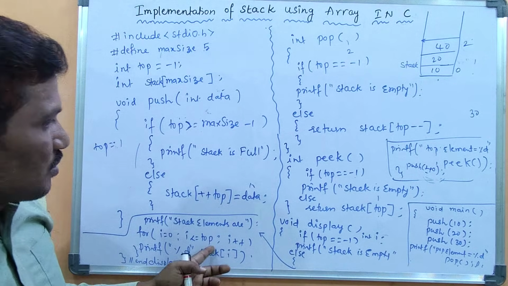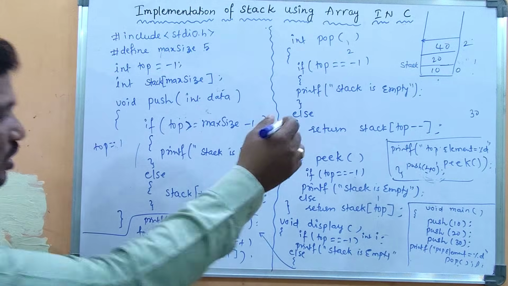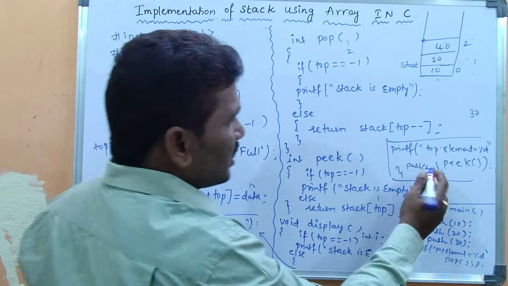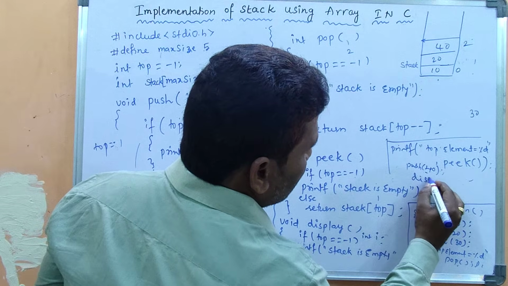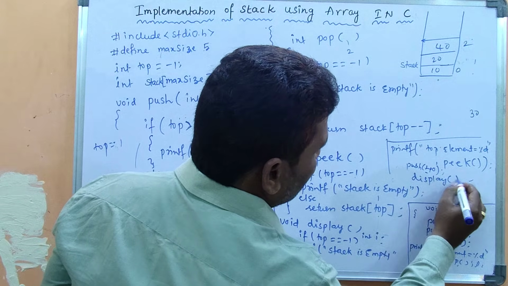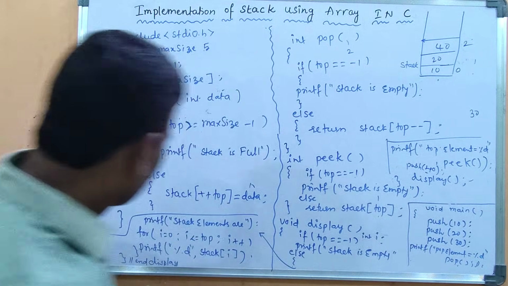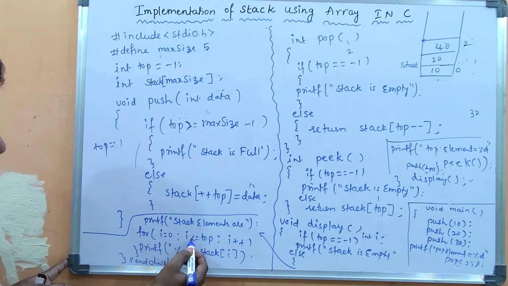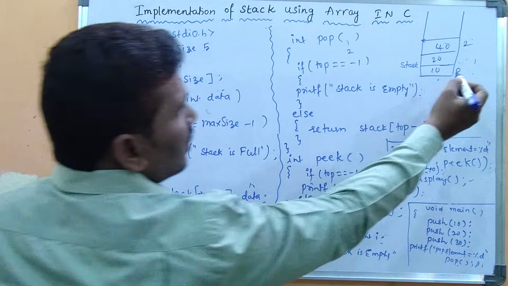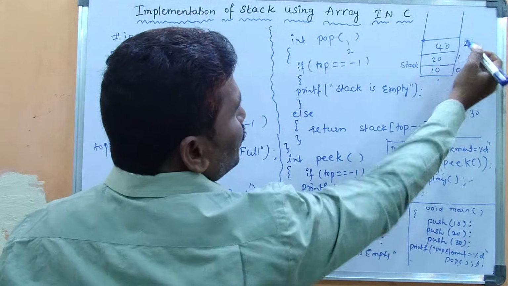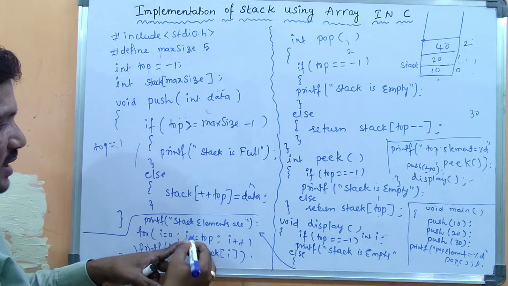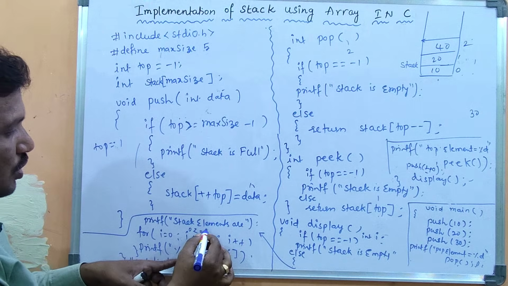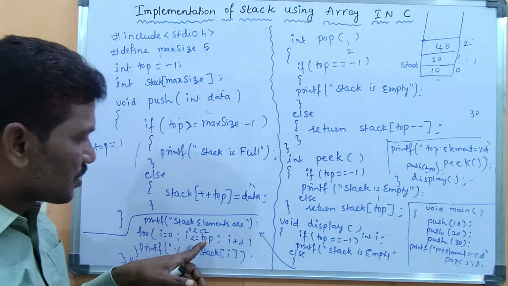Okay. Then when it comes to the display, I did not call it here. You can call the display here. Then you can display all the elements from the stack. I equal 0, I less than or equal to top, because from 0 to 2 you can display. First I equal 0, the condition 0 less than or equal to 2 returns true.